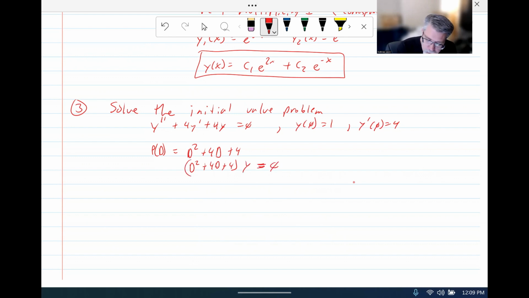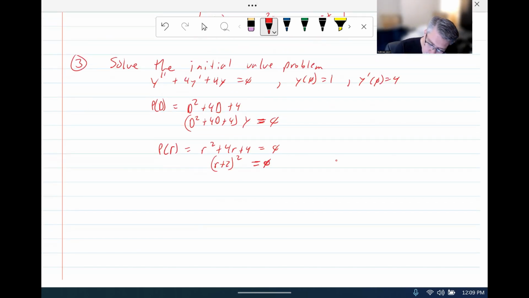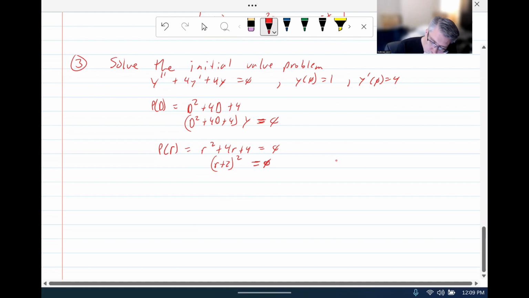That's my differential equation written in polynomial differential operator form. Now I'm going to go to my auxiliary equation, r squared plus 4r plus 4 equals 0. Now let's factor this. This becomes (r plus 2) squared equals 0. Okay. And so we have this squared now, which means that r equals -2 is a root with multiplicity 2.